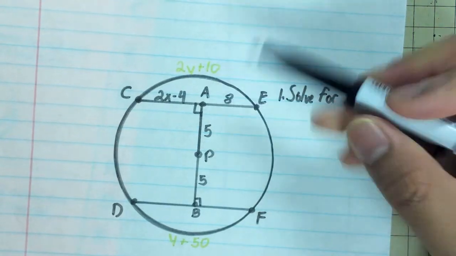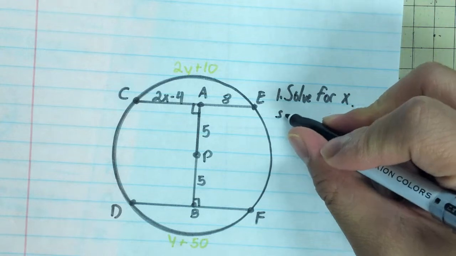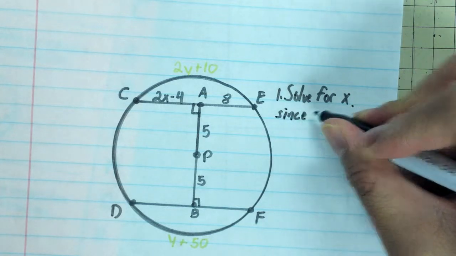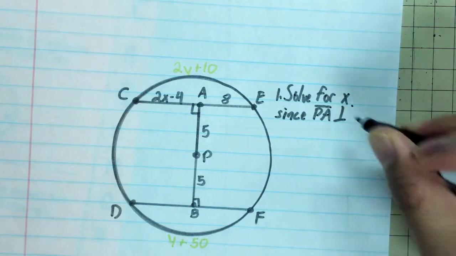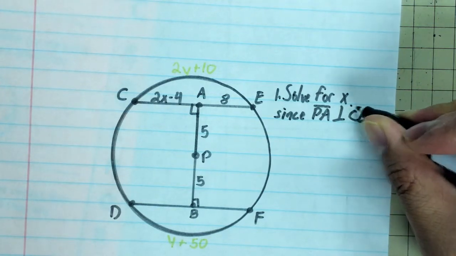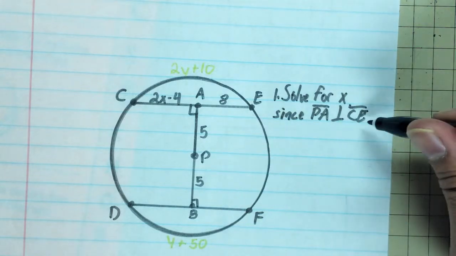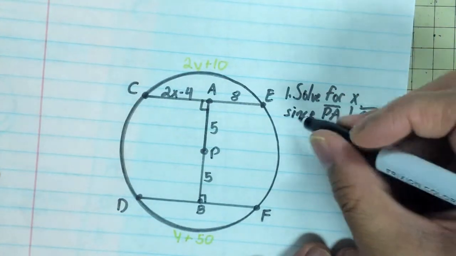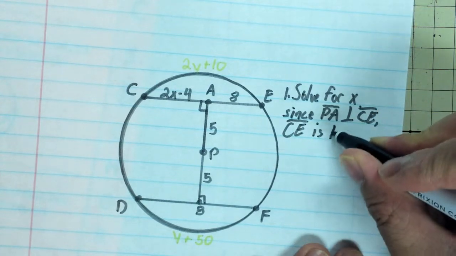Since PA is perpendicular to CE, write it down. Since PA is perpendicular to CE, and P is on the center, we know that CE is bisected.